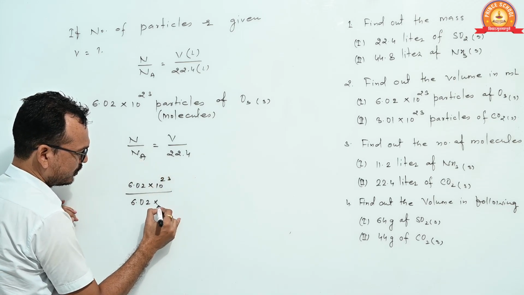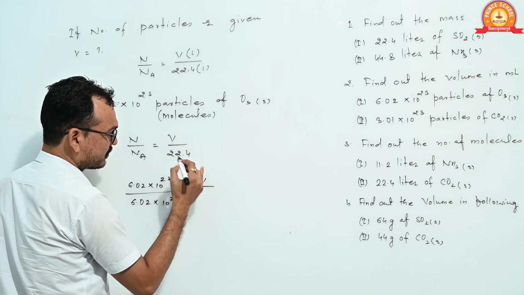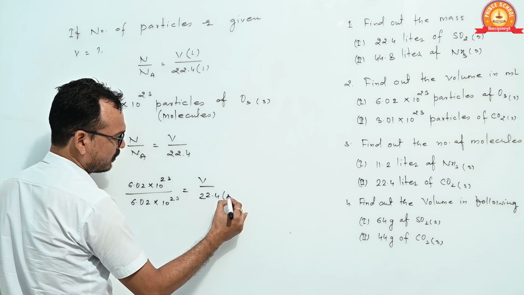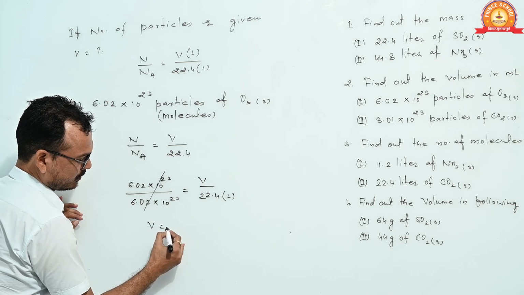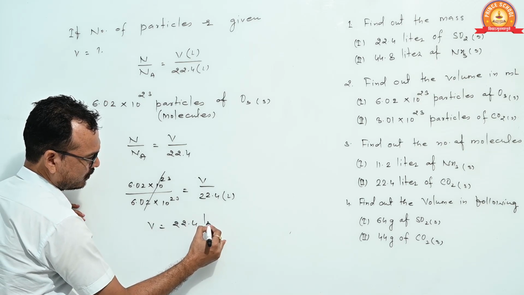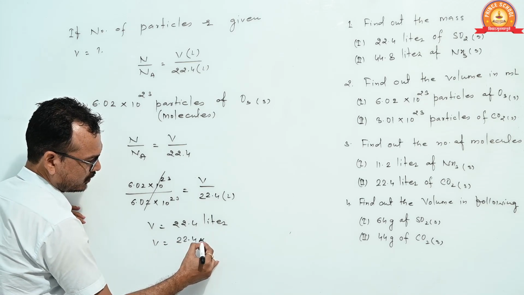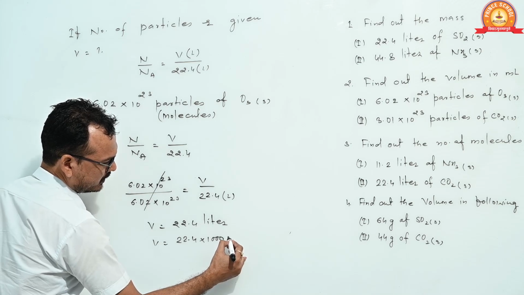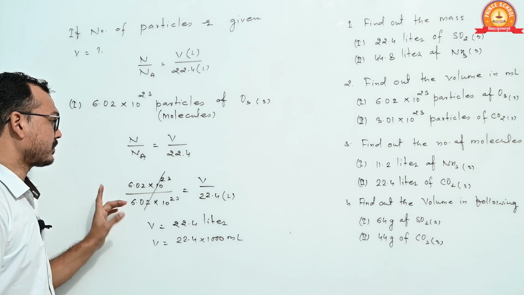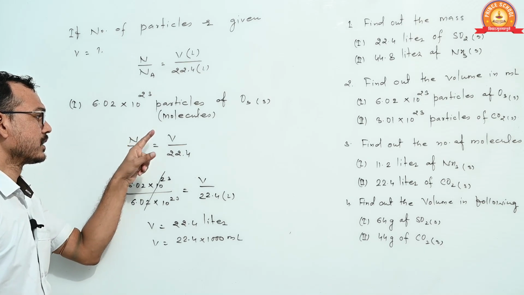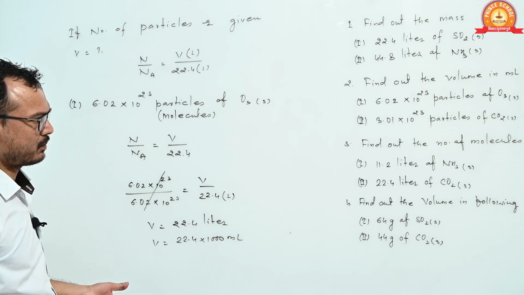We know that 6.02 into 10 to power 23 divided by Na cancels out, so volume is 22.4 liter, or we can say volume is 22.4 into 1000 ml. Is that clear? This is the way by which, if the number of particles is given, we easily calculate the volume if the examiner asks in ml or liter.